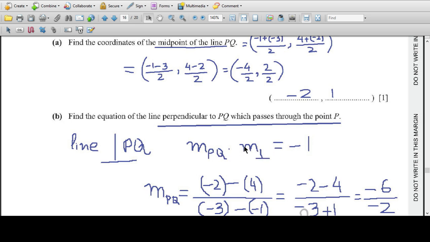When these two gradients are multiplied, the result is minus 1. This is the condition of perpendicular lines.